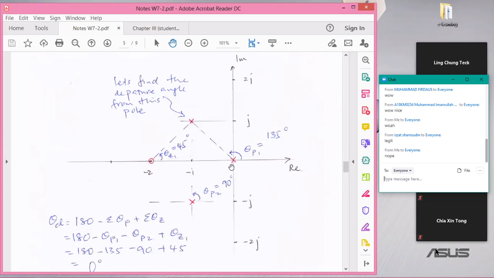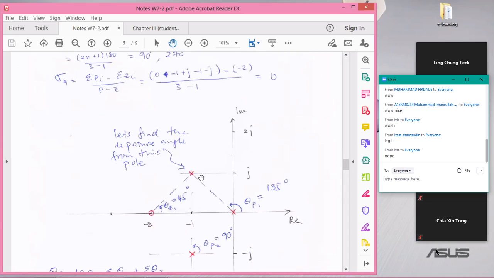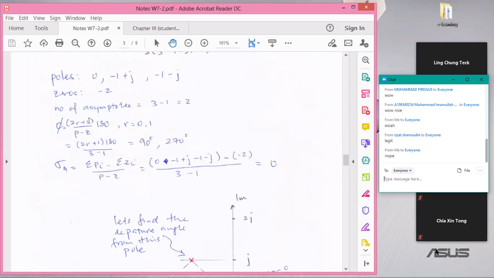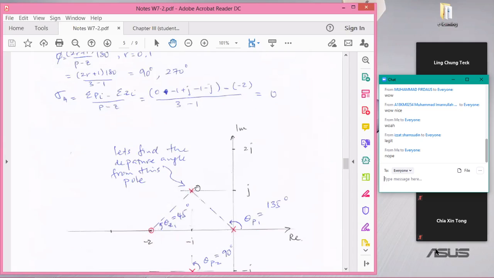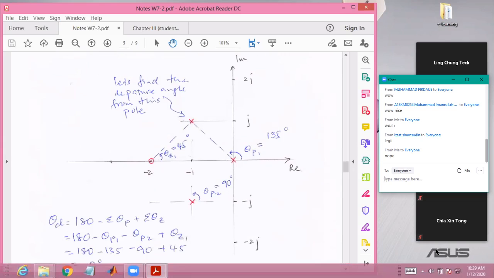So 270 is exactly the negative part of your imaginary axis. So in this case, our locus will not cross over to the right of the imaginary axis, because our asymptote line is exactly on the imaginary axis. It will approach the imaginary axis, and then it will approach the negative imaginary axis.